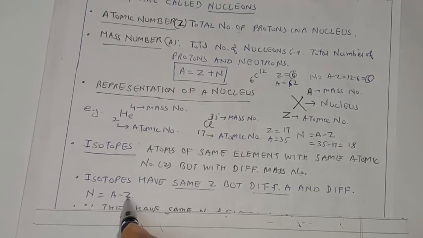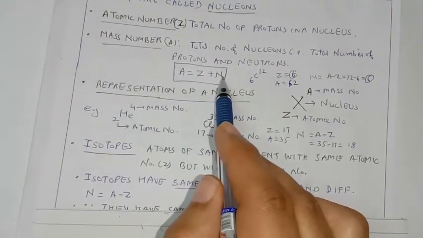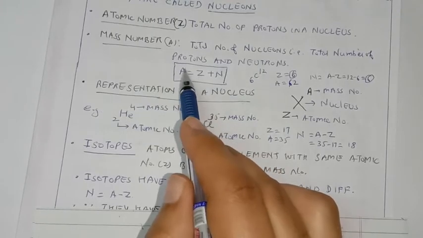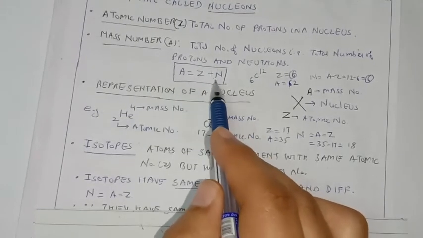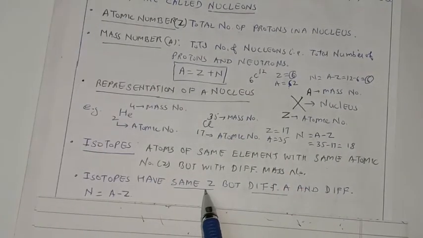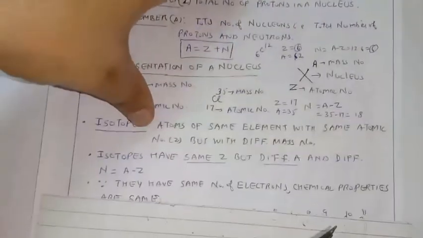We know that A is the sum of proton and neutron number, and Z is already the same for all the isotopes. This means that any difference in A is due to a difference in the number of neutrons.